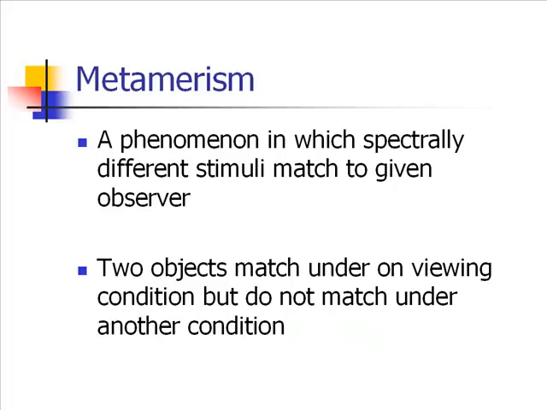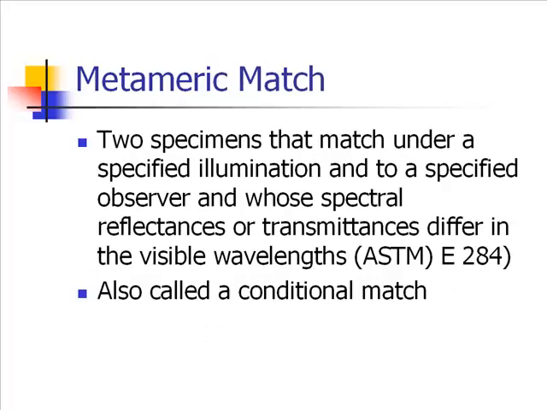So two specimens match under a specific illumination to a specific observer and whose spectral reflectance or transmission differ in visible wavelengths. That's a definition according to ASTM for metameric match, also called a conditional match. It only matches under certain conditions. And this is another one that's in your book that probably will look better.